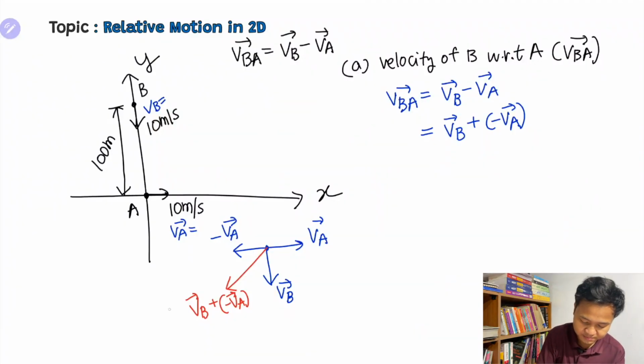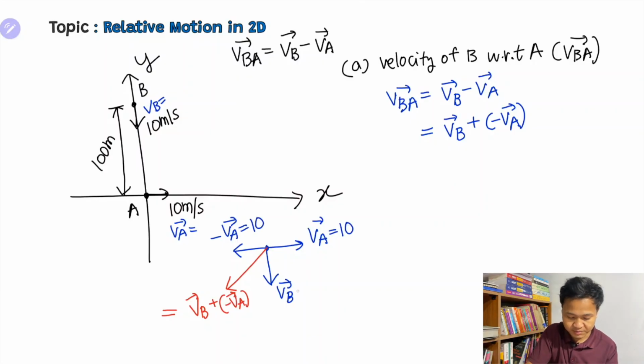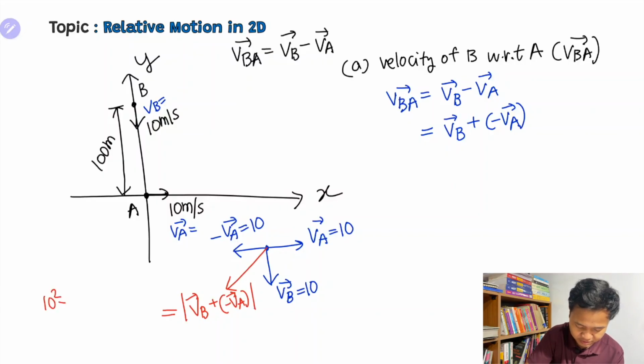What about the magnitude of this resultant? If I apply the vector law of addition, VA is 10, minus VA is also 10 in magnitude, and VB is also 10. So the magnitude of this resultant is the square root of 10 square plus 10 square plus 2 into 10 into 10 cos 90.